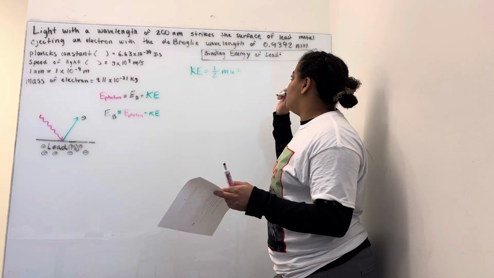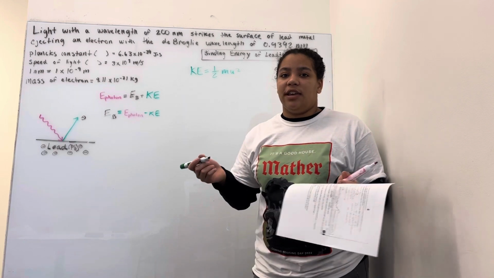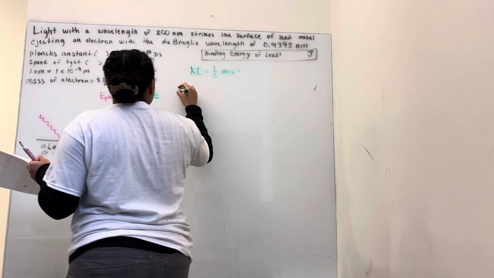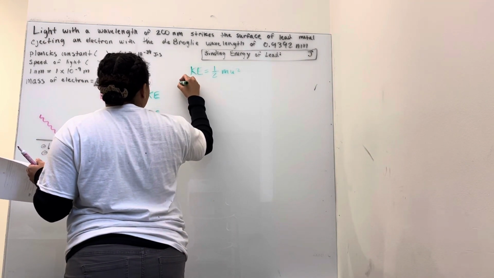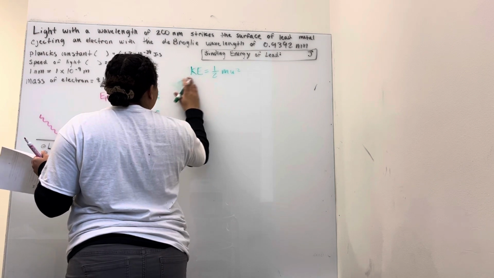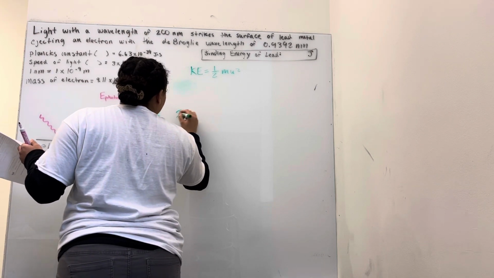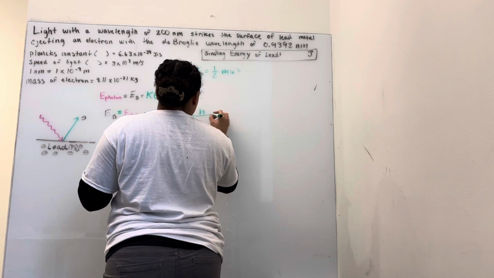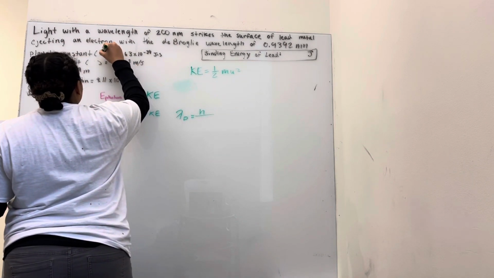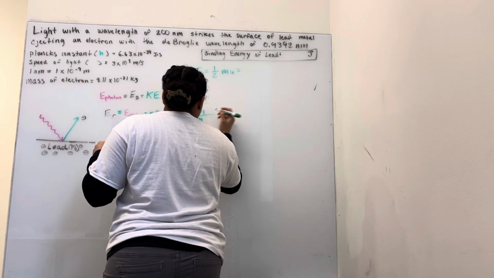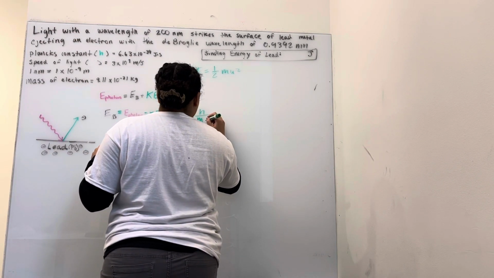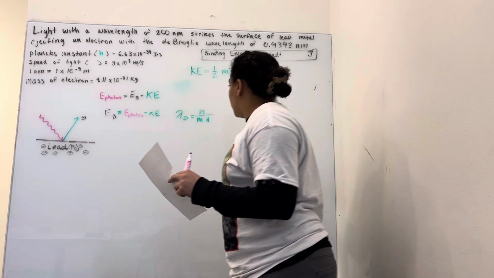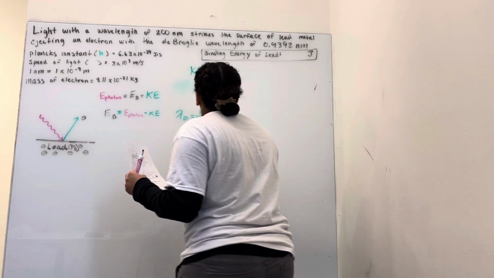What we have is de Broglie's wavelength, and that's the wavelength of matter, something with a mass. So the equation for de Broglie's wavelength is Planck's constant over the mass of the electron, in this case, times u, the velocity.